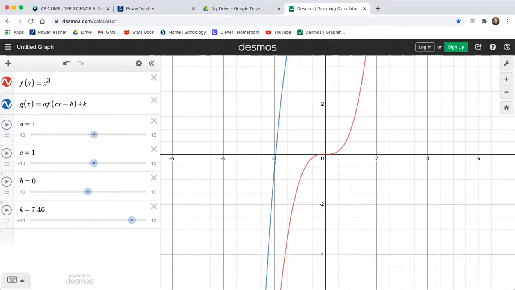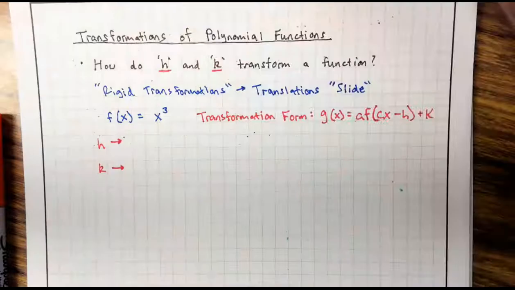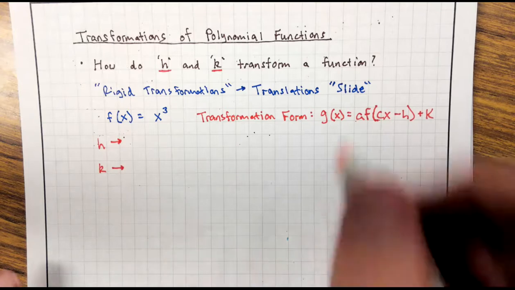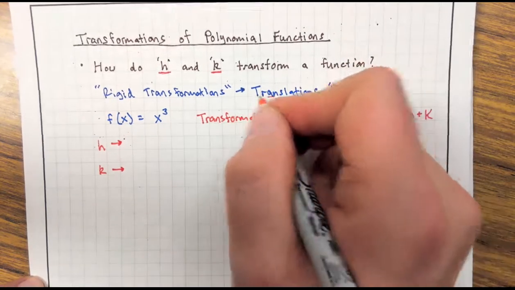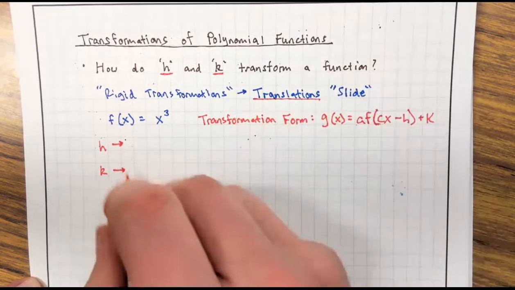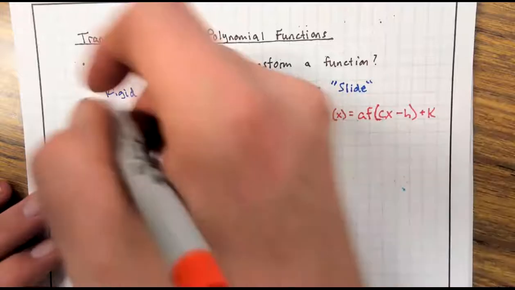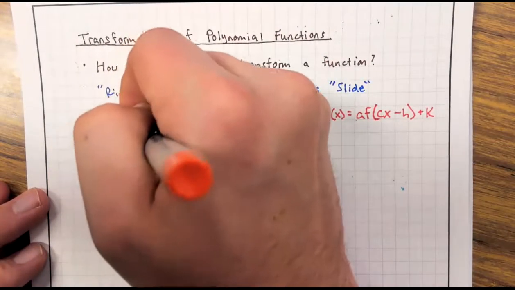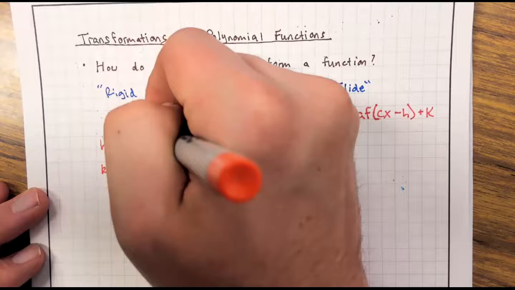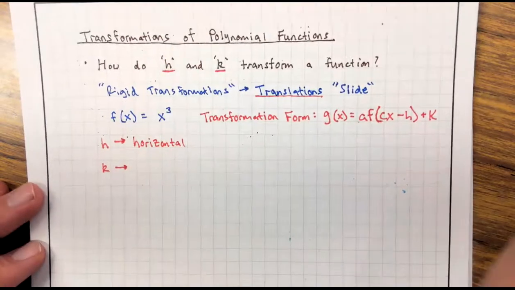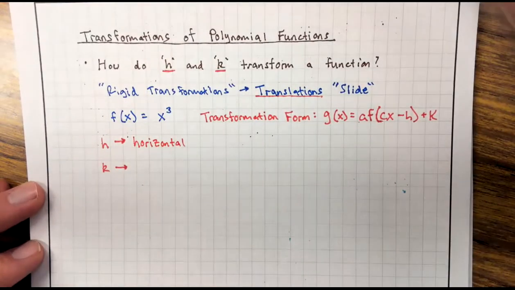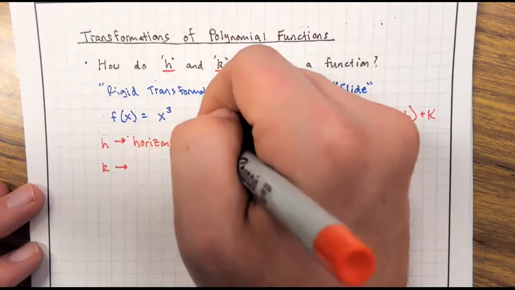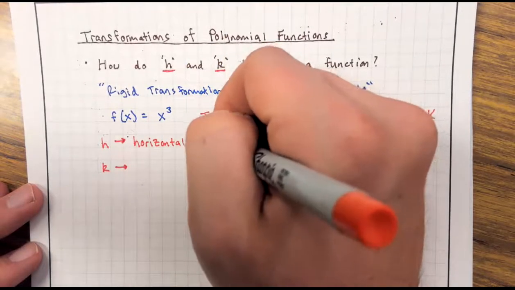Let me go back to that notebook. So h, I said this for a reason, translations, right? So h and k, what do h and k do to the function? H represents a horizontal shift, or another way of putting that would be it moves the function left or right.